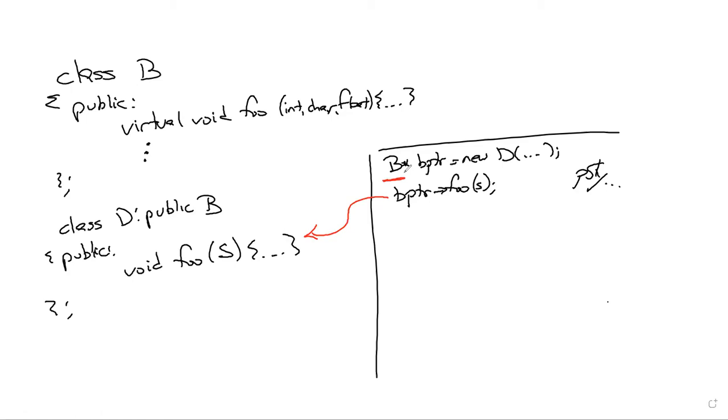Now, if we had another function here, void foo, that gets an int, char, and a float, and does whatever it does, then this would work nicely. But the way it's done right now with the S, the compiler, when it looks at this line, has no way of knowing whether this line is legal or not. And therefore, the compiler is standing in front of a problem. It is not sure whether to allow this to commence or not.